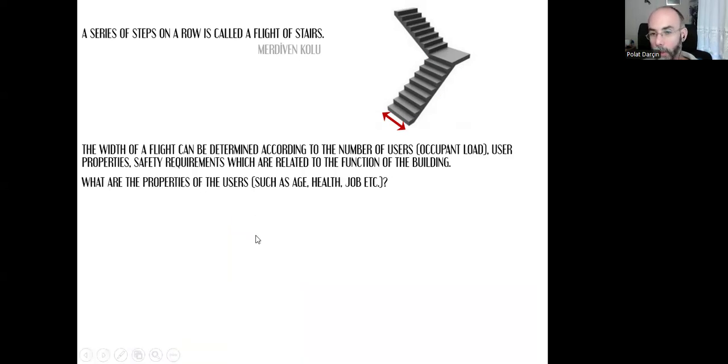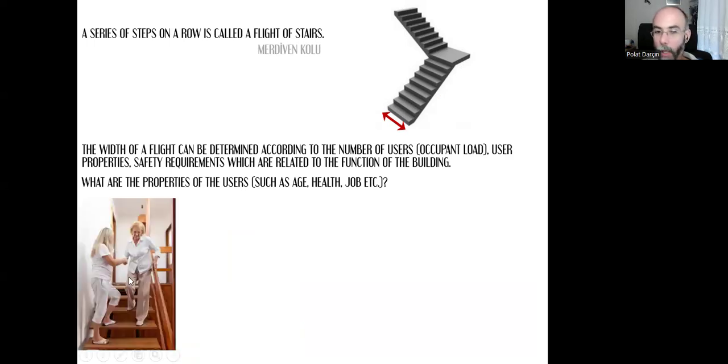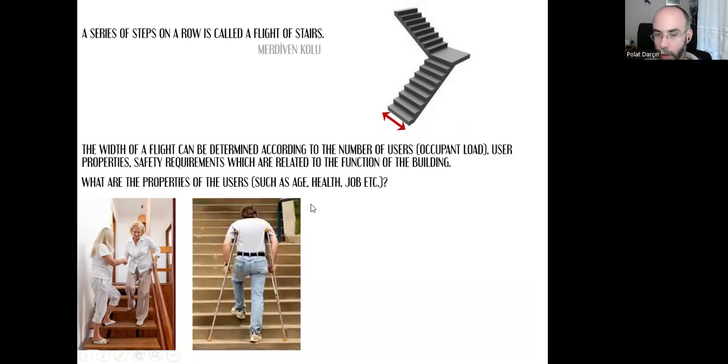Also, what are the user properties of the users, such as age, health, or job? Let's say there are elderly users, and they need help while going upstairs or downstairs. So there's a person whose job is to support them, which means the stairs will be used by at least two people, and the width needs to be calculated accordingly.